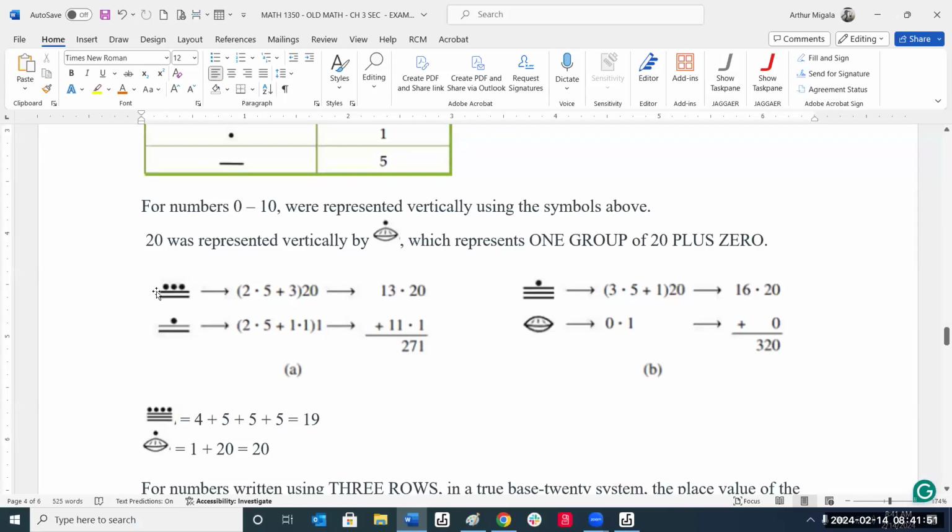So this one here, we had 1, 2, 3, and 2 dots. So we had two 5s and a 3. But where did the 20 come from?